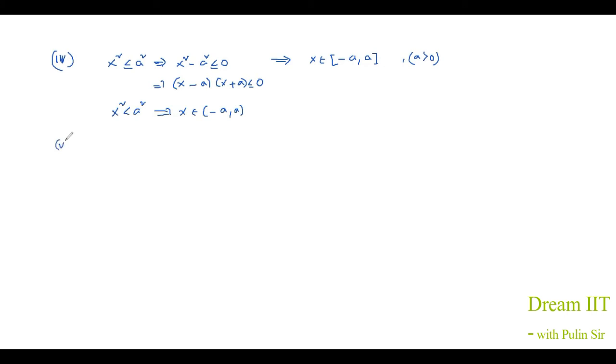So similarly, if you talk about the other case, greater than or equal, then this will give you x belongs to minus infinity to minus a union a to infinity. And if it is strictly greater than, then this will give you minus infinity to minus a, open interval, and a to infinity.